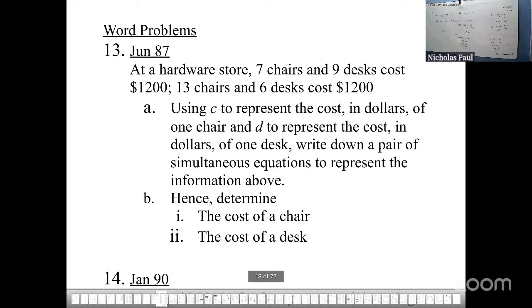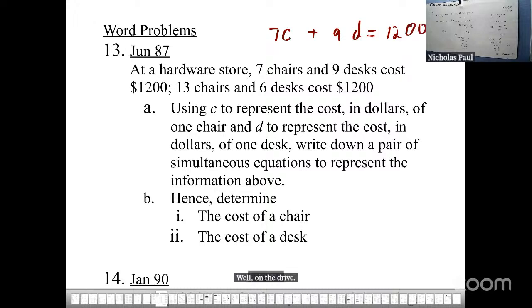Right, so let's check on your equations, right? So they said 7 chairs plus 9 desks, that's $1,200, all right, 1,200.